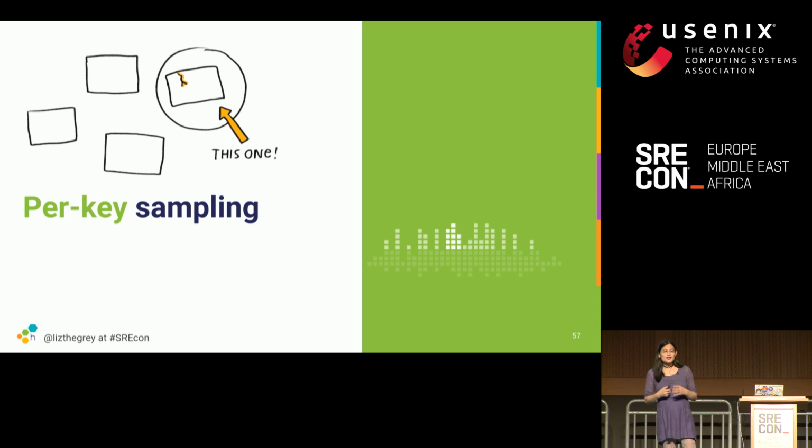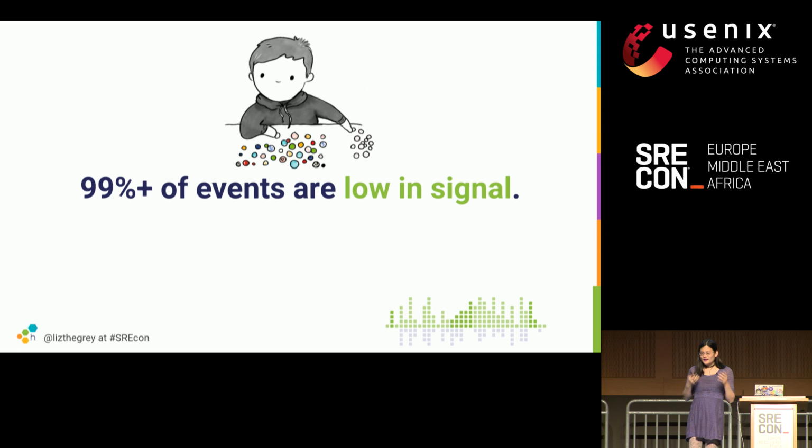The other way that we can approach this and make sure that we have enough data to debug our systems is using per key sampling. 99% of the events that your telemetry is initially collecting are low in signal. They duplicate something that's not very interesting that you've seen before, been there, done that, don't want to do that again, right? It's just the math.